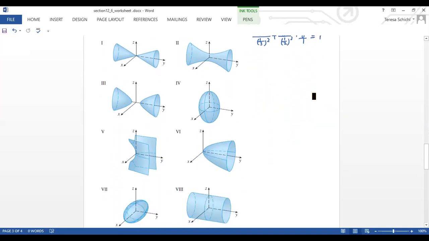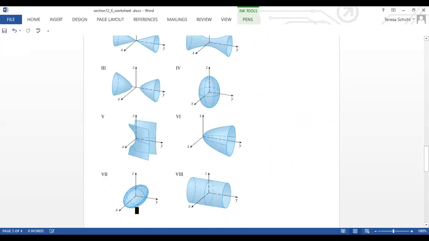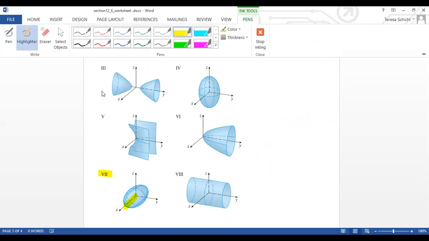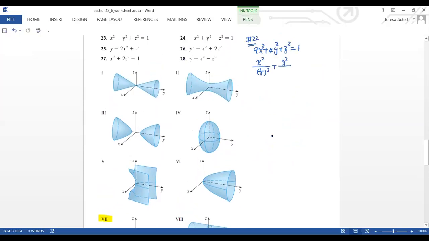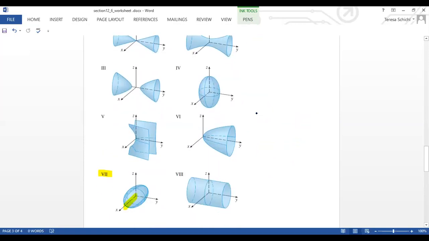Let's say the y has to be the longest one when they touch the x-axis. Obviously, this is not, z is longer than that. So this is the one, right? Because x is the longest axis, this much, is 1 here. Then the y is 1/2, so the y has to be a little bit bigger than the z.